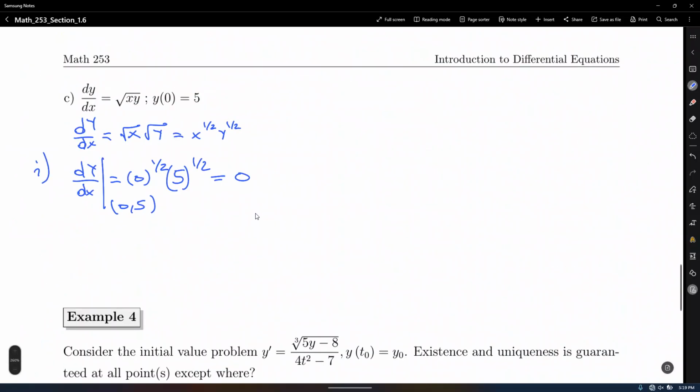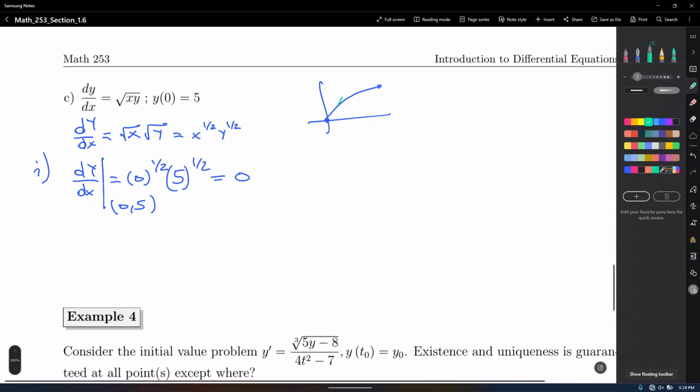Now we have a problem here. Consider the graph of the radical function at the origin. Do you guys agree that the function is not continuous at the origin? It is defined at the origin, but it is not continuous, because coming from the left, of course, we can arrive at the origin from the left. However, do you guys agree that there's nothing from the right of the graph? That tells us the function is not continuous.